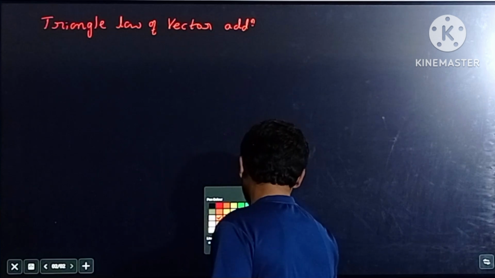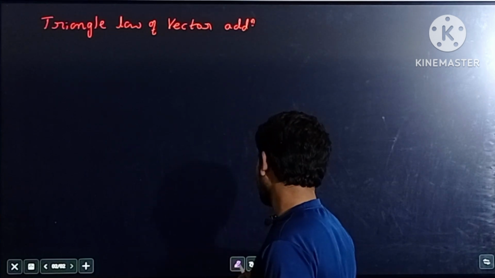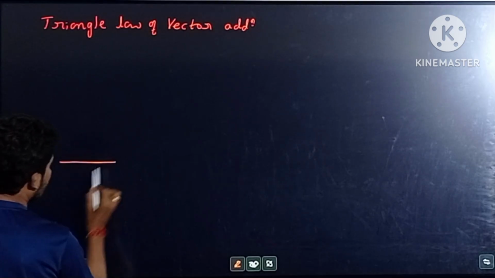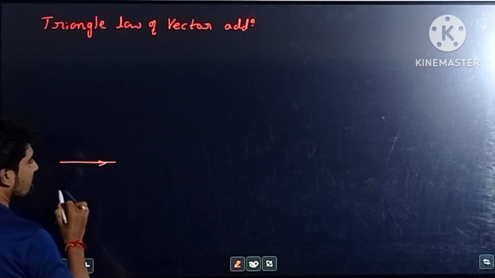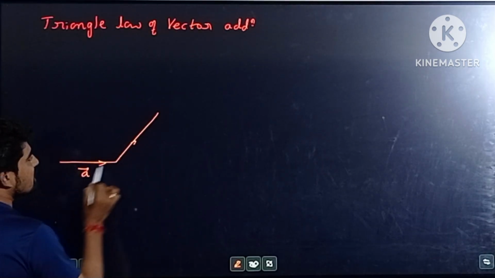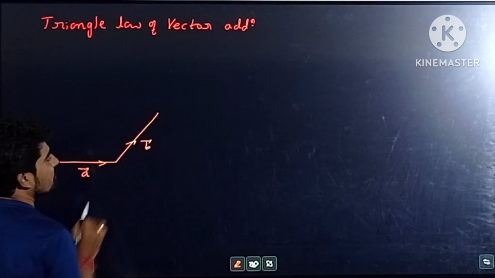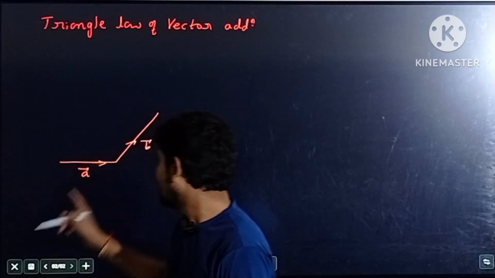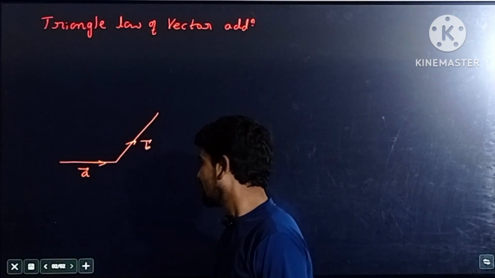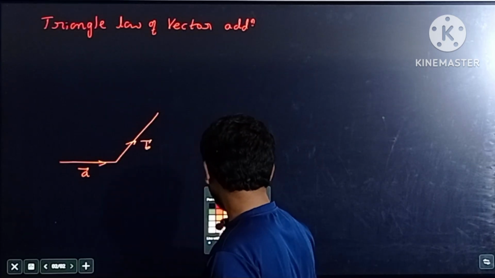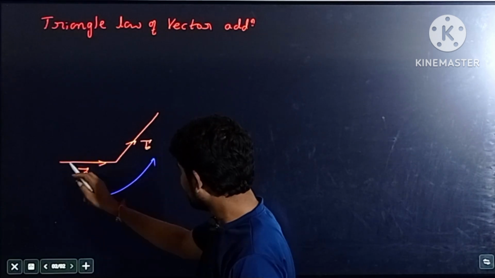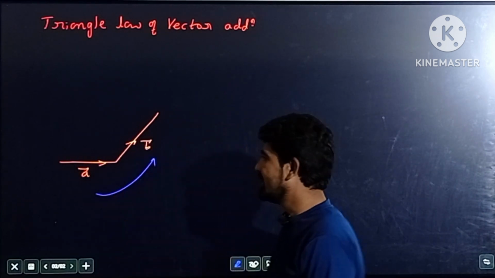See here. Suppose A vector and B vector are the two adjacent sides of a triangle taken in a cyclic order, meaning the direction is the same.